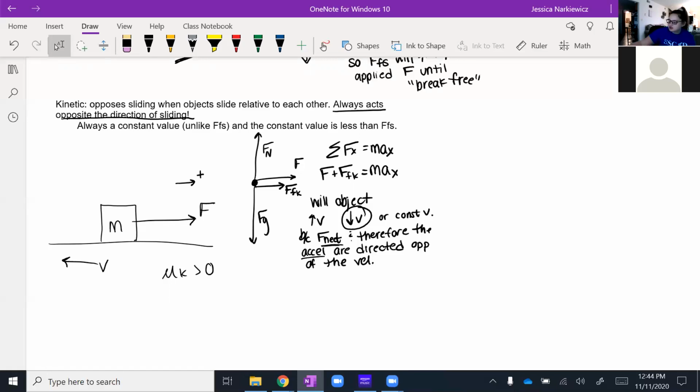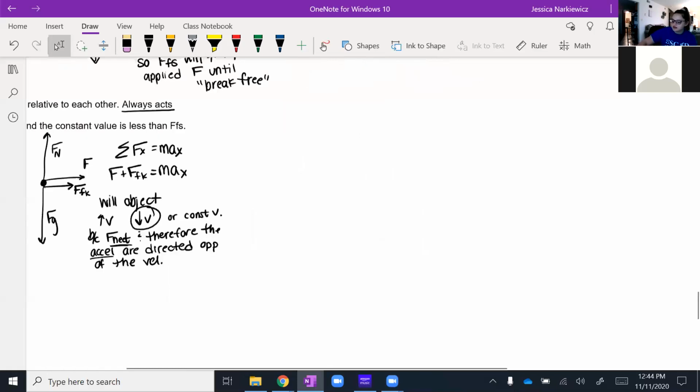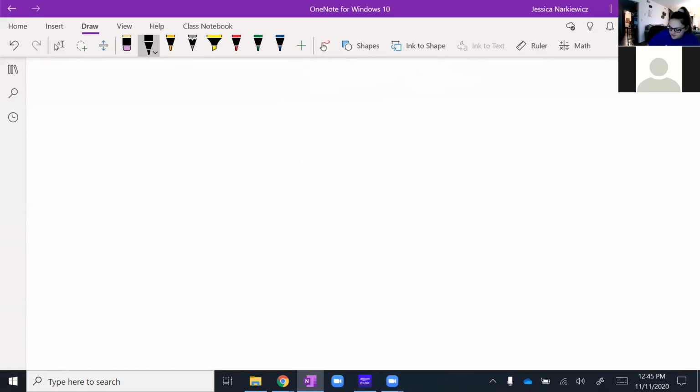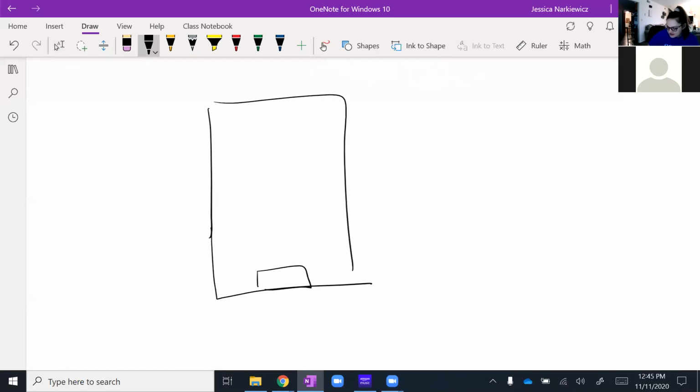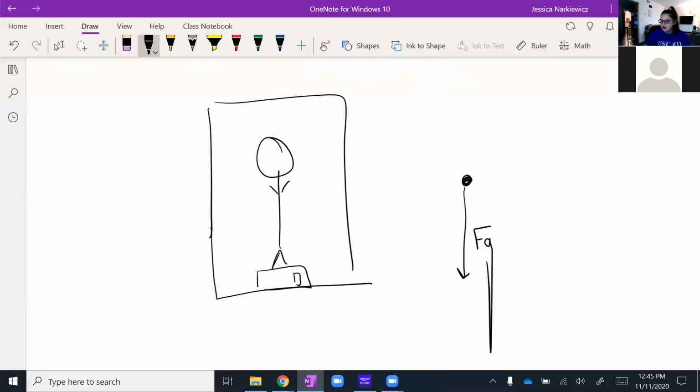Oh, okay, I got a question to go over elevator scale readings. Let's say we have a person standing on a scale in an elevator. The free body diagram for the person is always going to look like a force of gravity downwards and a force from the scale upwards.